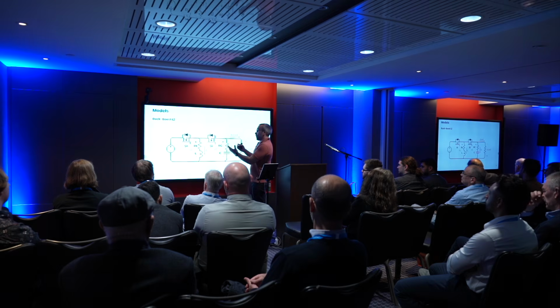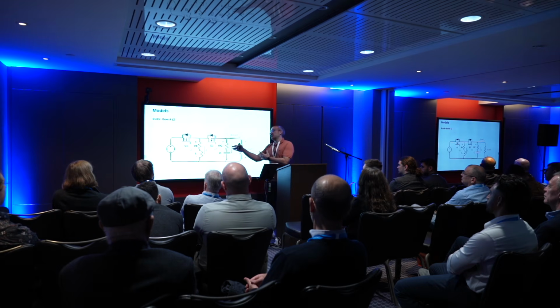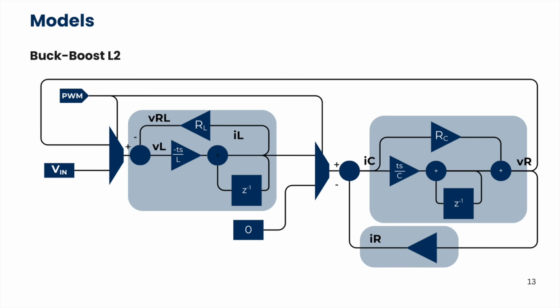So we can add these two elements, these new resistors, to our model. And we will have this. You can see that the model of the inductor has the resistor in series with the inductor on the top side. And also for the model of the capacitor, you have the resistor.